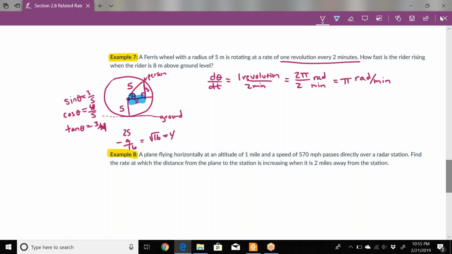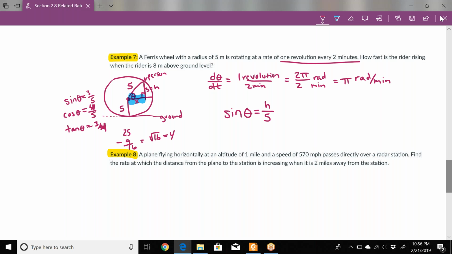Okay, so what do we know? We know that the sine of any angle, whether or not we are at this position, is always found by doing sine theta equals the height the person's at over 5, which is this height right here, that extra height above the center.